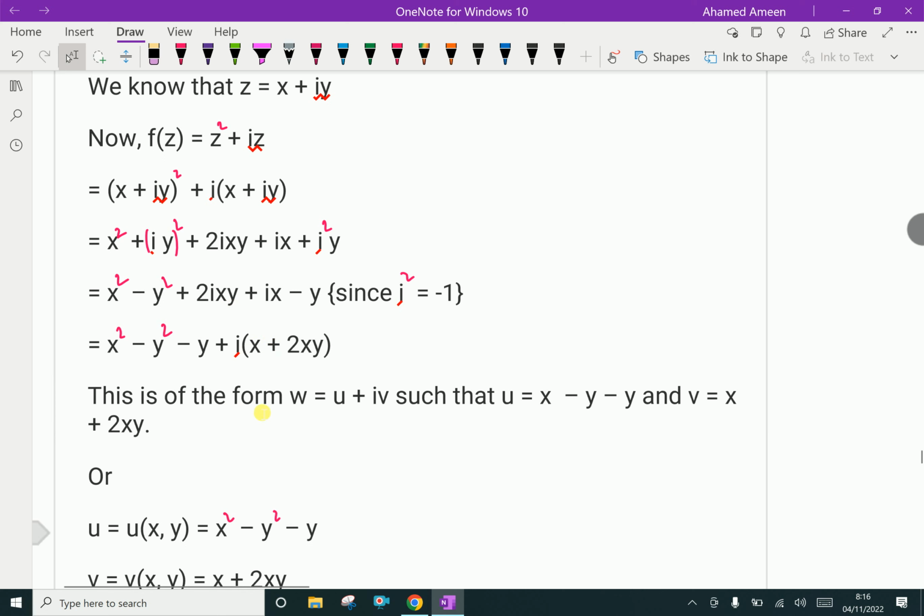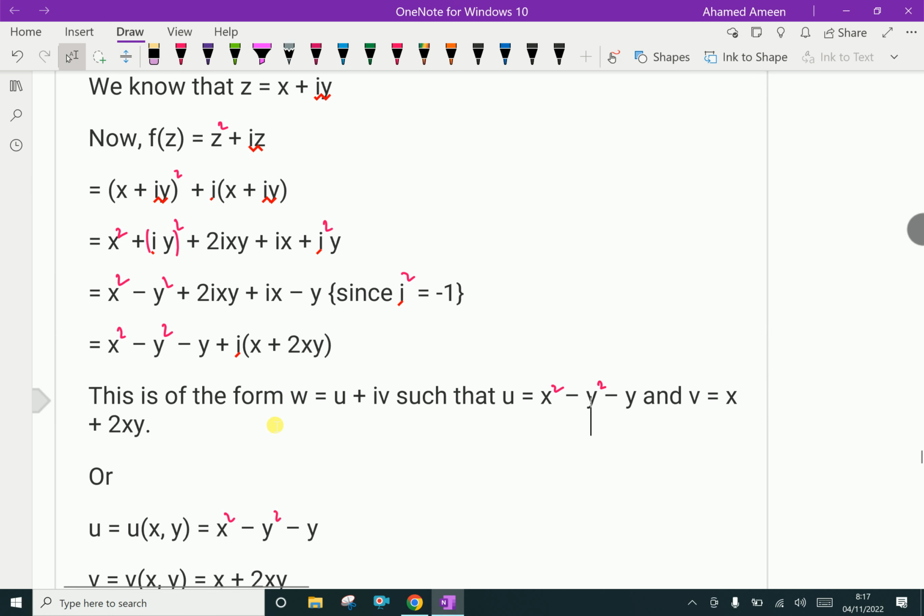This is of the form w equals u plus iv, such that u equals the real part, that is x squared minus y squared minus y, and v equals the imaginary part, that is x plus 2xy.